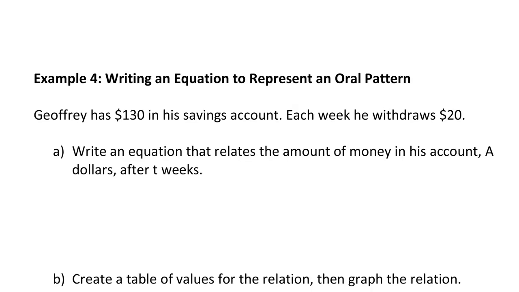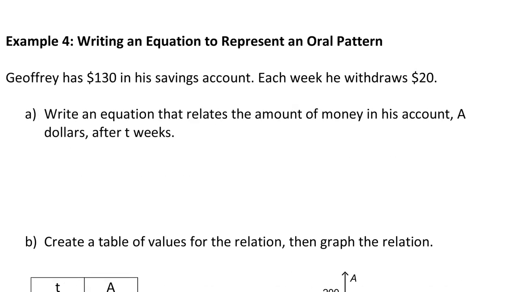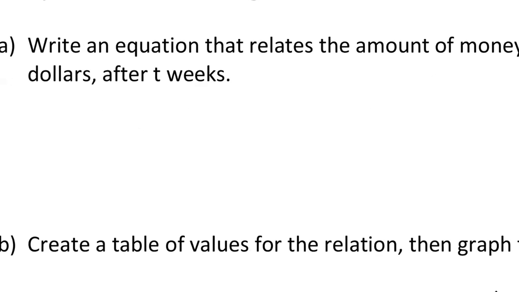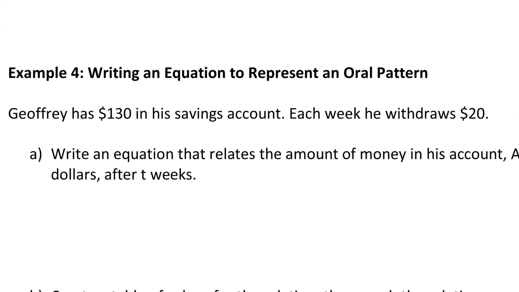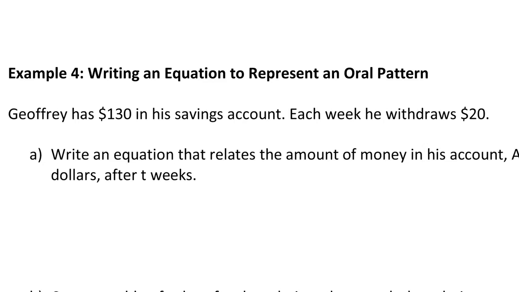So Jeffrey has $130 in his savings account. Each week he withdraws $20. Write an equation that relates the amount of money in his account. A is going to be dollars and T is going to be weeks. Now, looking at the information that they've given us, Jeffrey has $130 in his savings account.